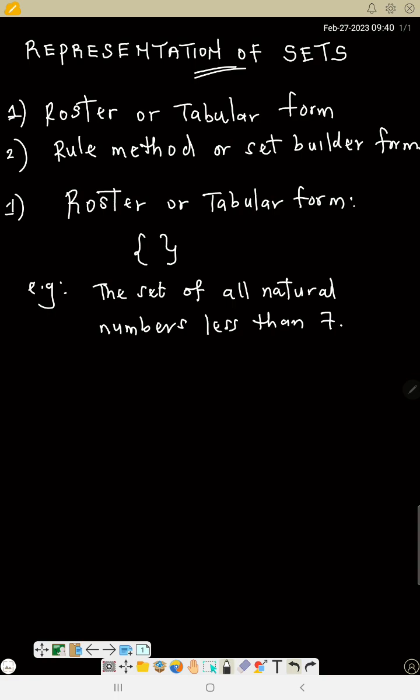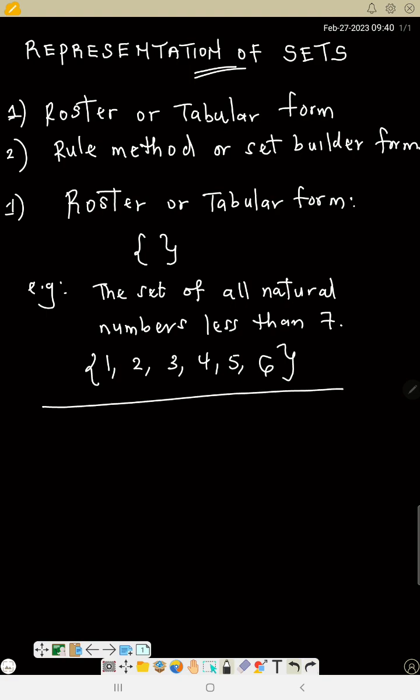We can represent this in roster form as 1, 2, 3, 4, 5, 6. Remember, the lowest natural number is 1. So the set of all natural numbers less than 7 is just 1 to 6. So this is how we represent in roster form.